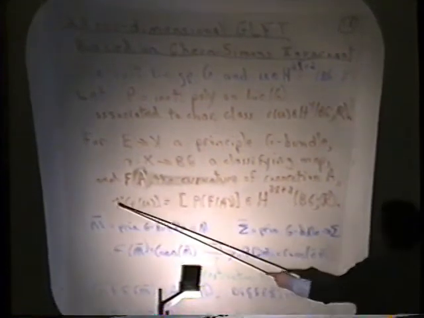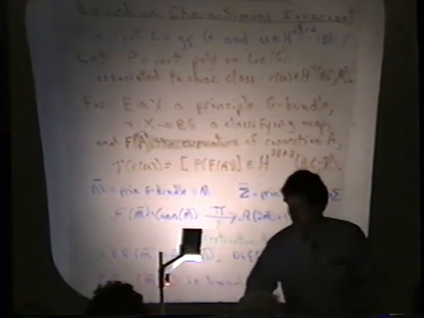That just means given a principal G bundle, you can pick a classifying map for that bundle to the classifying space BG. And if we pick a connection which has curvature F of A, then the pullback of this class by the classifying map is supposed to be the cohomology class of the invariant polynomial applied to the curvature. Okay, so that's just characteristic classes.